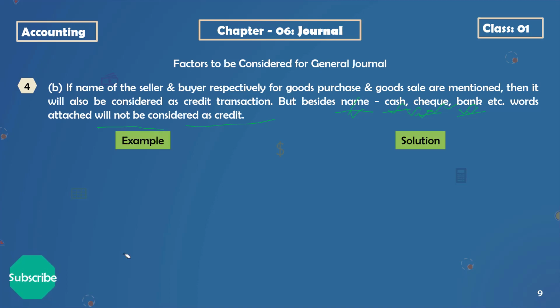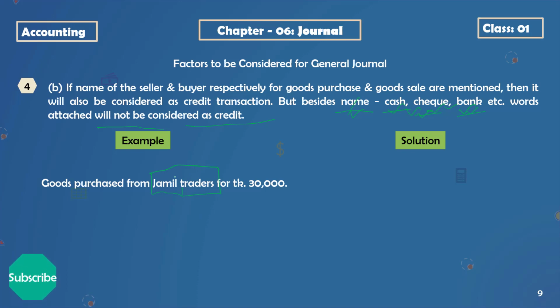Okay, so here is the transaction: goods purchased from Jamil Traders for taka 30,000. In this transaction, there is no mention of check, cash or bank. Rather, there is mention of a name, Jamil Traders.